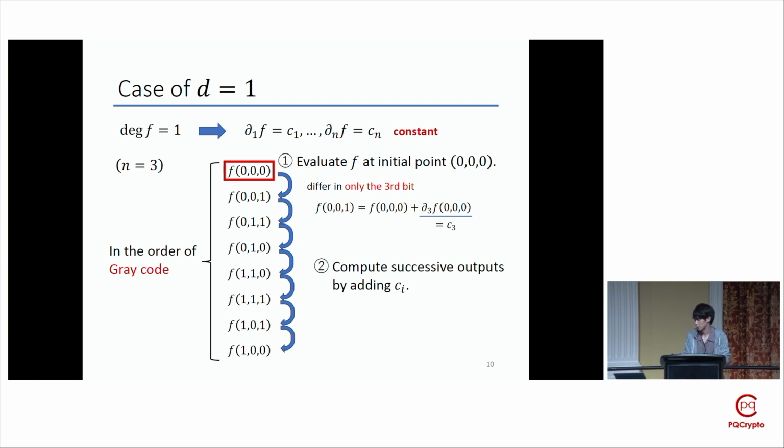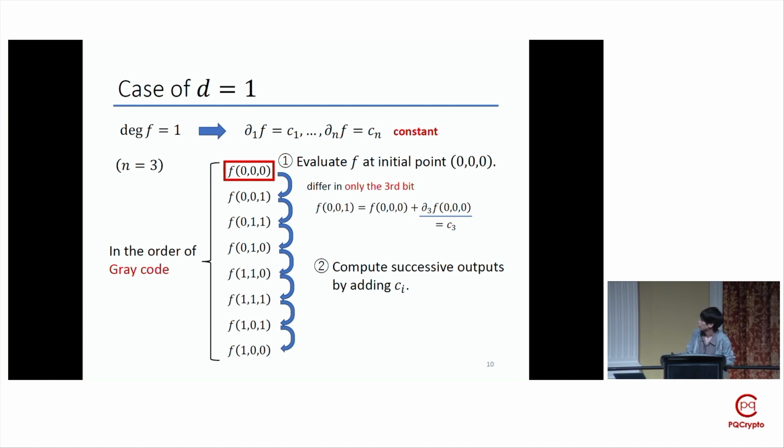If degree f equals 1, then the derivative values ∂_i f are constant, and we set ∂_i f as c_i. In the case of n equals 3, we compute all the outputs in the order of gray code.